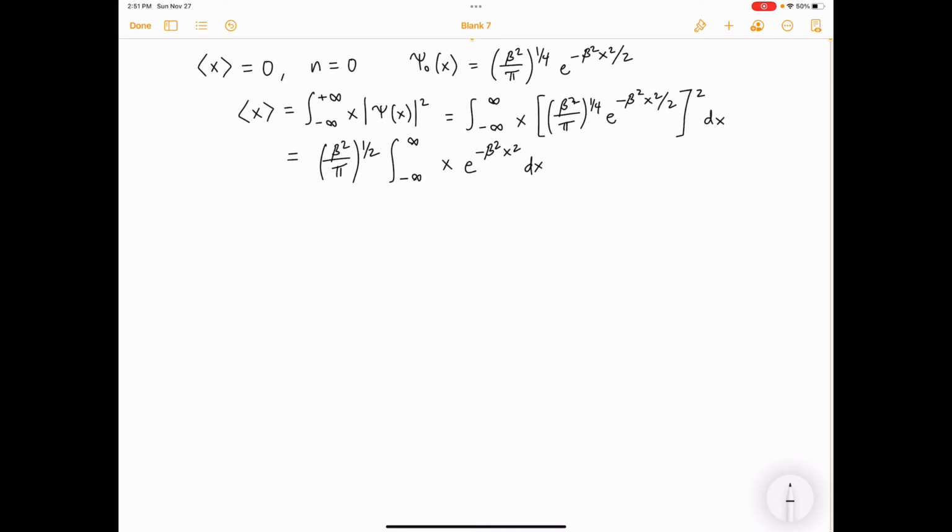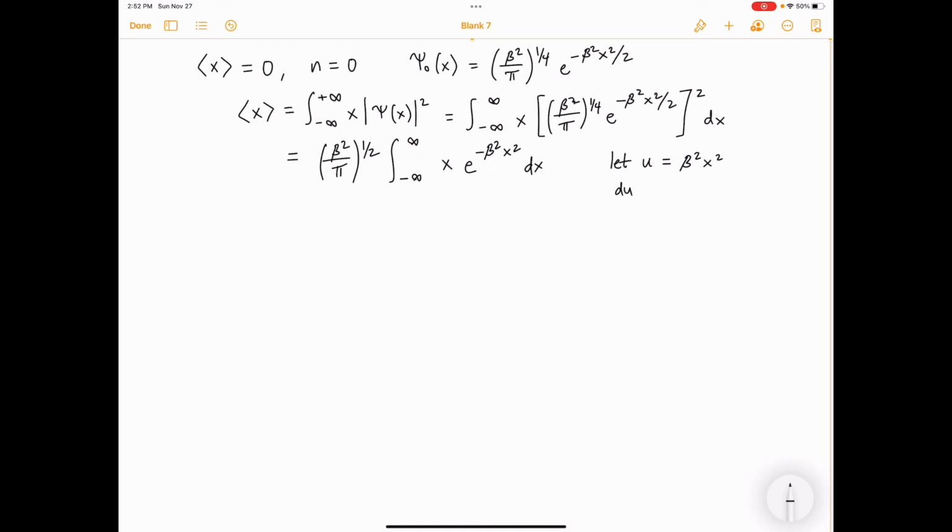Okay, so I just have to evaluate this integral. And it's actually not too bad. This is a case where we can use a u substitution. So what we're going to do is let u equal beta squared times x squared. So basically the thing in the exponent is going to be u.